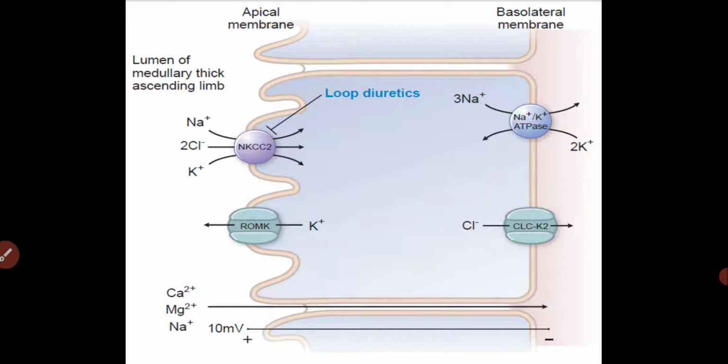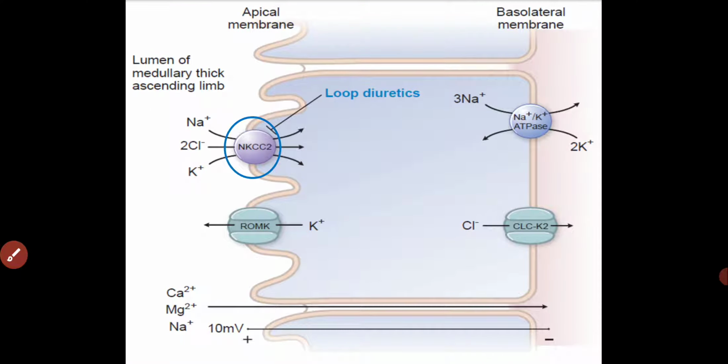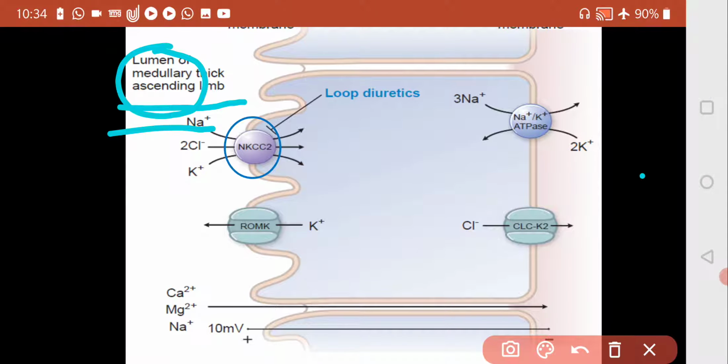Let's see the structure. Here is the lumen. It is acting on the thick ascending limb of the loop of Henle. This is the lumen side, this is the apical membrane and this is the basolateral membrane.